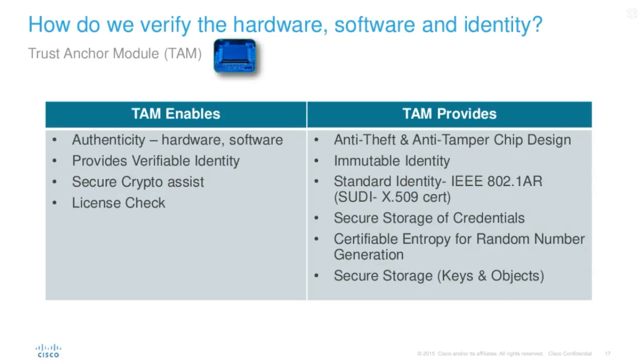But the big thing to understand is that this is an actual chip that's going to anchor the identity for the device, and is going to be used for the signing process for all of the software that's going to load. It's anchored right here on this particular chip. So this chip has an immutable identity for the device.